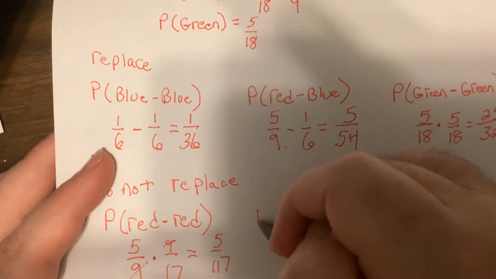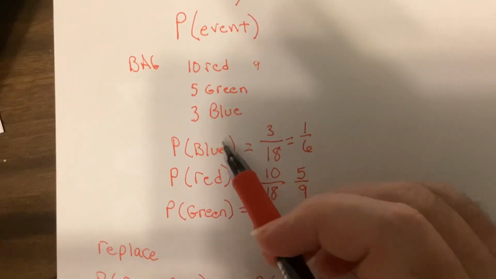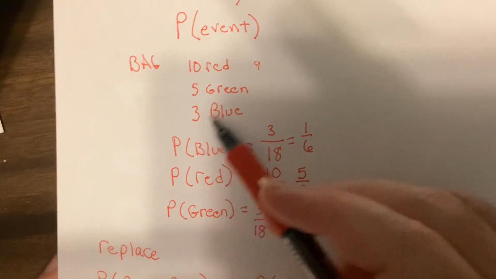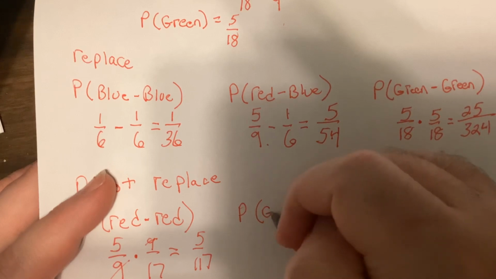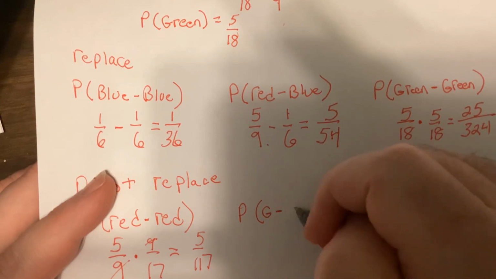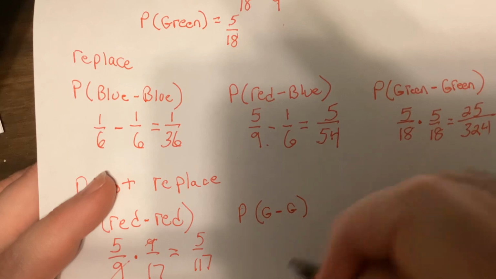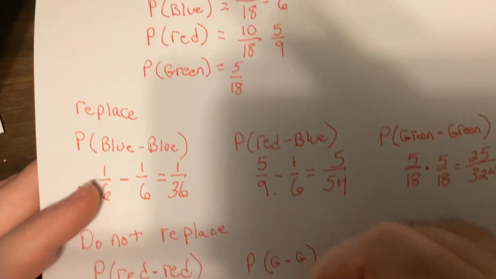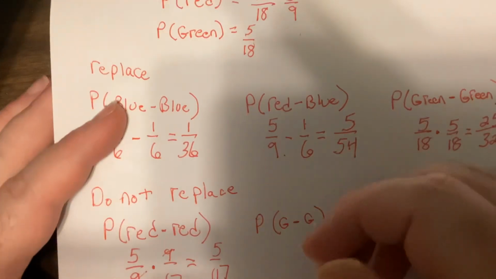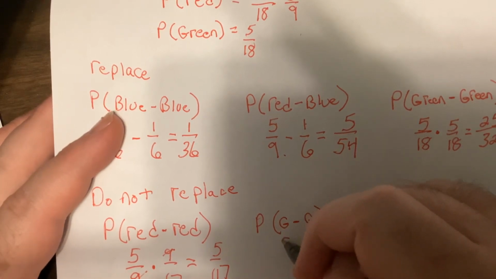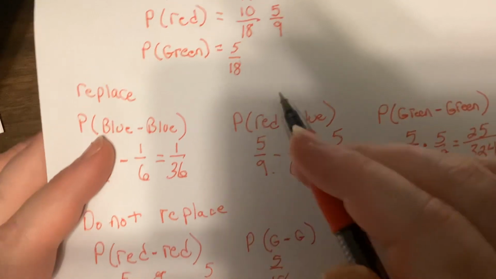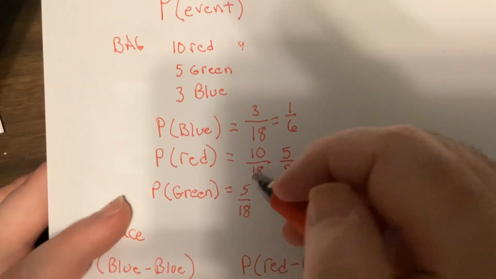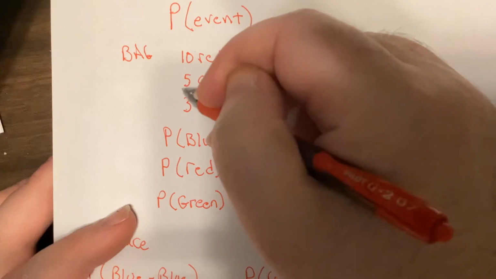So let's do probability. We'll go back to the original bag. So 10, 5, and 3. What's the probability we have a green, then a green? I'm going to abbreviate. Well, green is 5 out of 18. But after I draw the first marble, if we're not replacing, then one of your greens is gone.